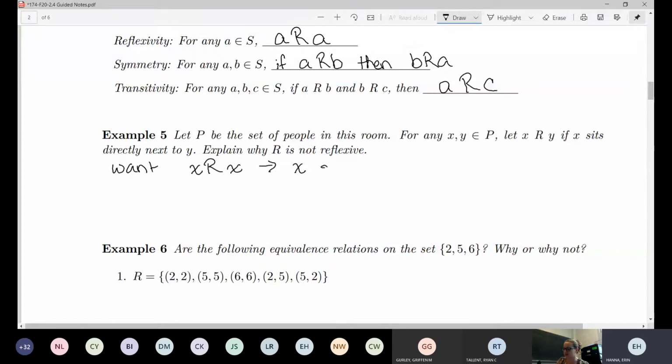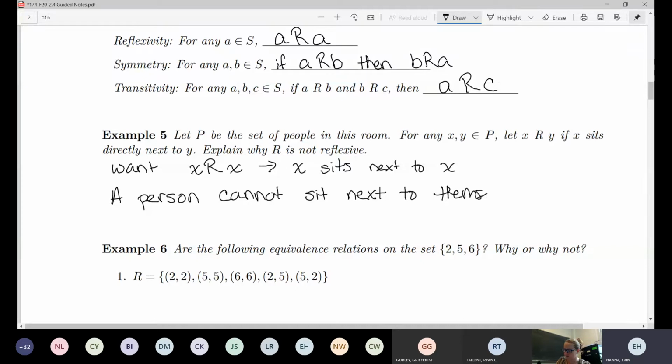That would mean that X sits next to X. A person can't sit next to themselves, which is the reason this isn't going to be reflexive. So this relation would not be reflexive, and therefore not an equivalence relation, because we would have to follow all three, and if it's not reflexive, then we're already done.